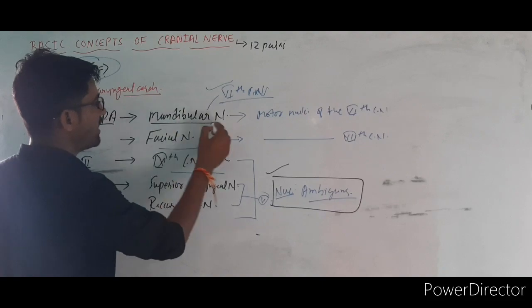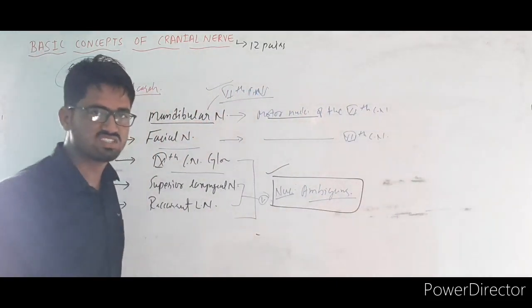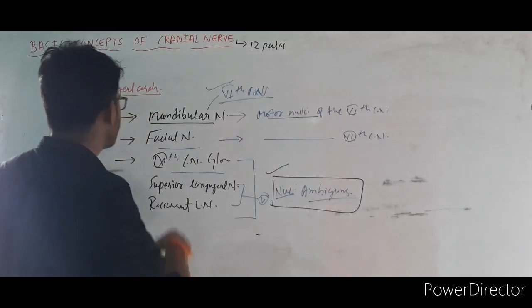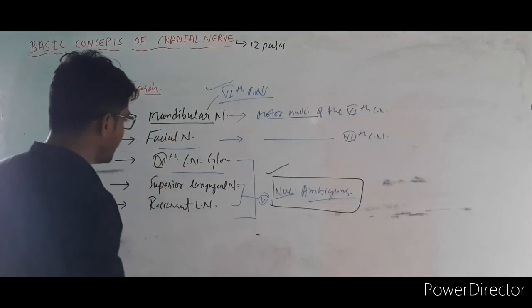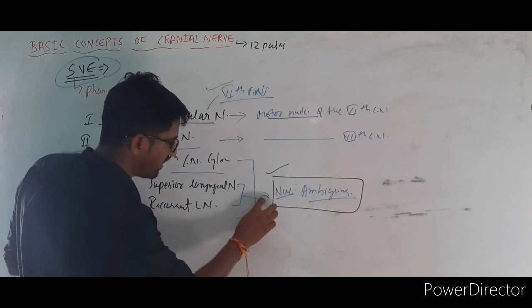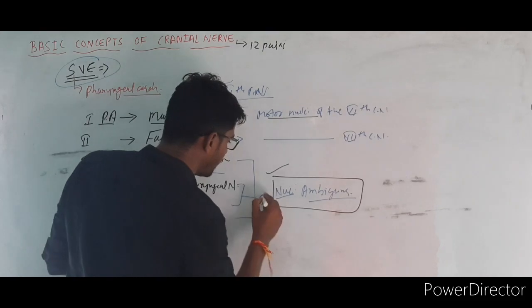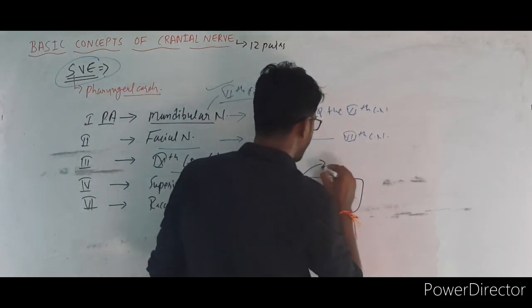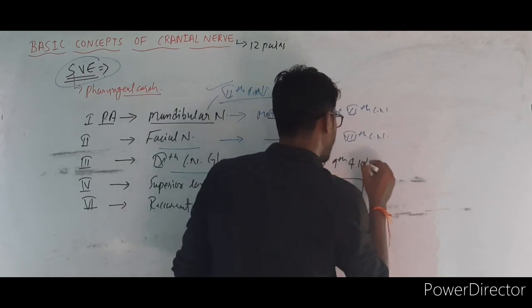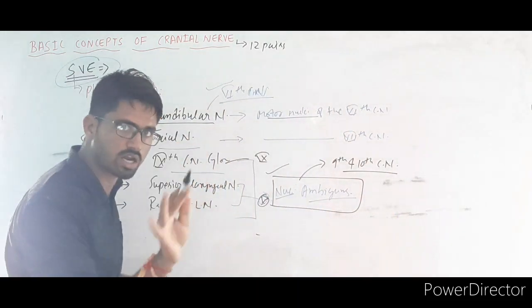But for the mandibular nerve you will write a normal word only, motor nucleus of the fifth cranial nerve, right? One thing, this is the 10th cranial nerve, and this is the 9th cranial nerve. So nucleus ambiguus is present in the 9th and 10th cranial nerves.